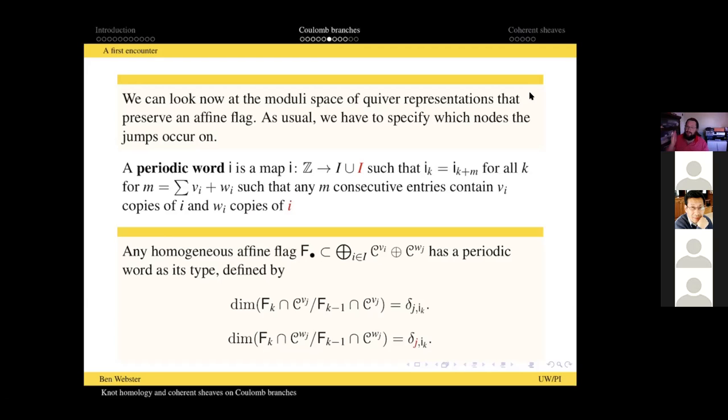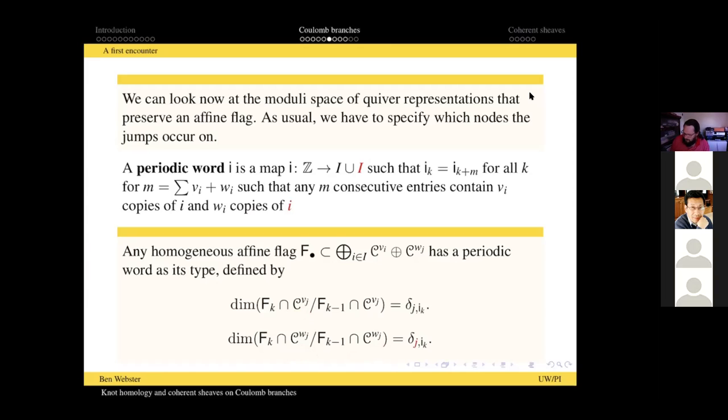And so that ends up giving you a periodic word in the nodes of the quiver. And then actually there's a red copy of the nodes of the quiver, which have to do with, I had my vector spaces sitting on my vertices in my quiver, and then I had these framing ones. And so I take the standard lattice inside the framing ones, and I also have to think about how I interact with the standard lattice on the framing vertices.